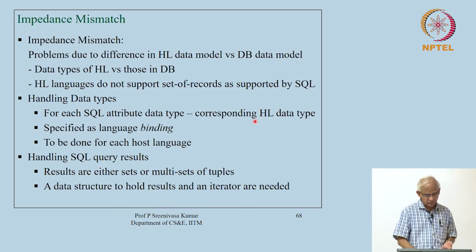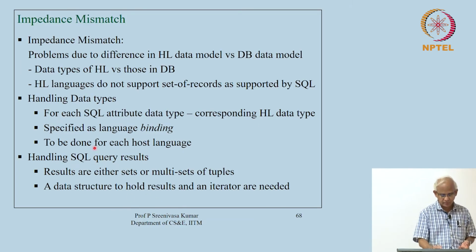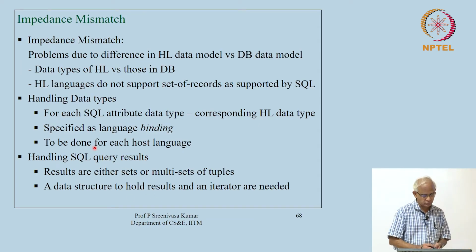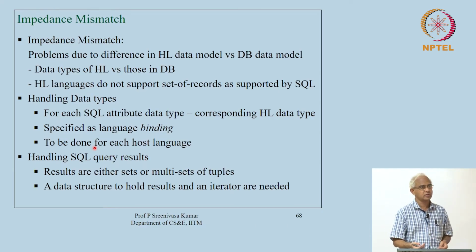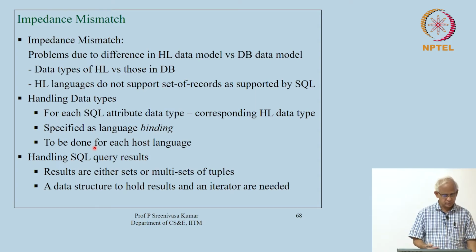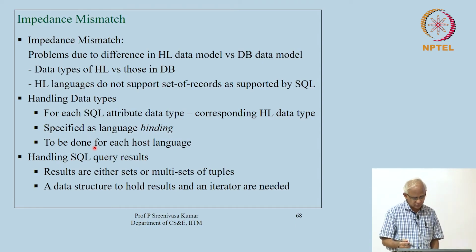So that is how we will handle this entire issue of impedance mismatch between the data model of relational databases and the data model available in typical imperative programming languages. Okay.